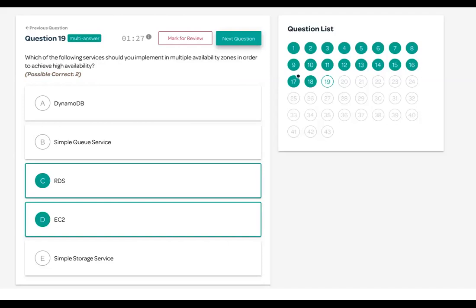S3 is global, no, actually I'm wrong. The S3 bucket name is global, but you create it in a region. But the question is asking about multiple availability zones, and region and zone are different. You cannot pick a zone in DynamoDB, SQS, and the simple storage service because they are serverless.